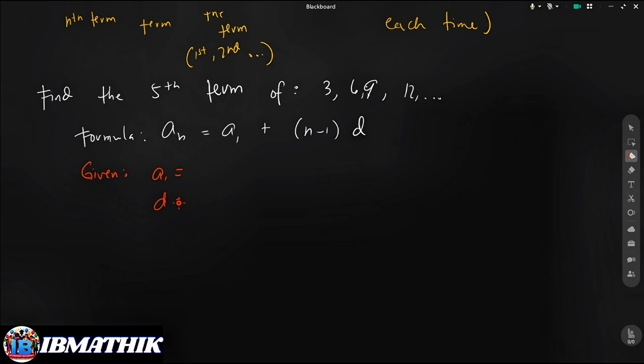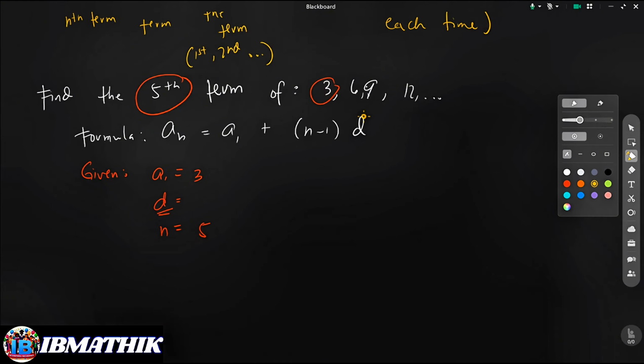Given, we have the first term, the d, and the n. So the first term is 3, and our n is what? Fifth term. So we are looking for the fifth term.